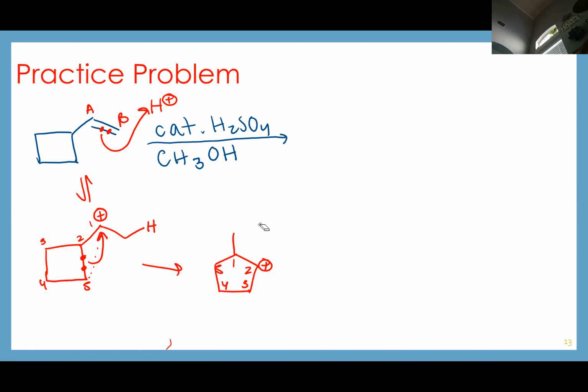Okay, is there water in the reaction? Would you use a CH3OH? Yes, so basically we subbed in methanol for water.